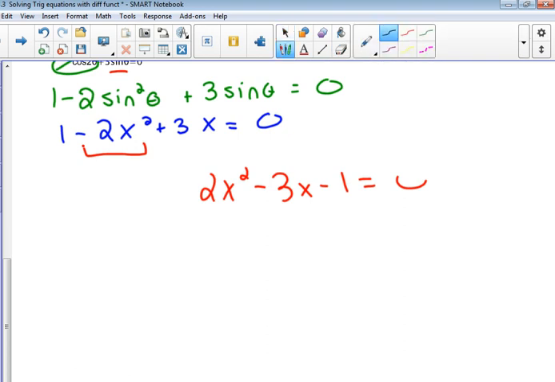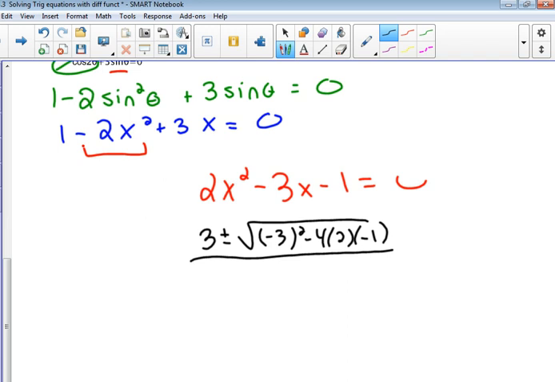Okay. So, let's see, we have 3 plus or minus the square root of negative 3 squared minus 4 times 2 times negative 1, all over 2 times a, which is going to give us 4. So let's check out what these are going to be. We might not be able to finish today, or tomorrow.